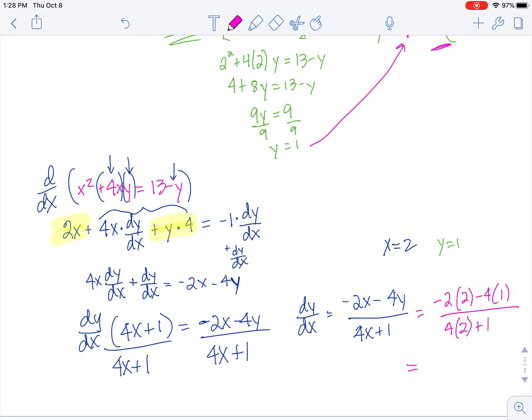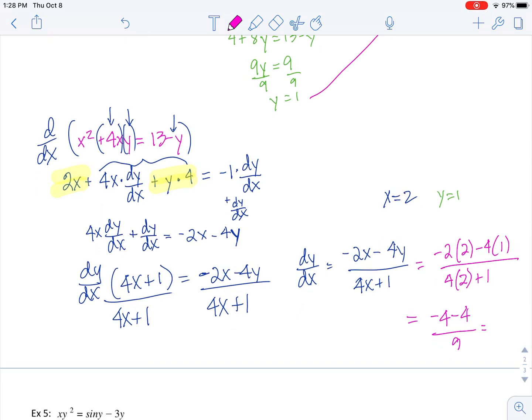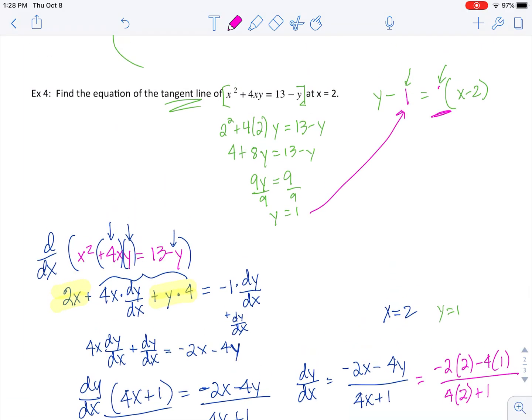And that is negative 4 minus 4 all over, let's see, 8 plus 1 is a 9er. And that is negative 8/9. So I'm going to put my slope up in here as negative 8/9. And that is my tangent line equation right there.